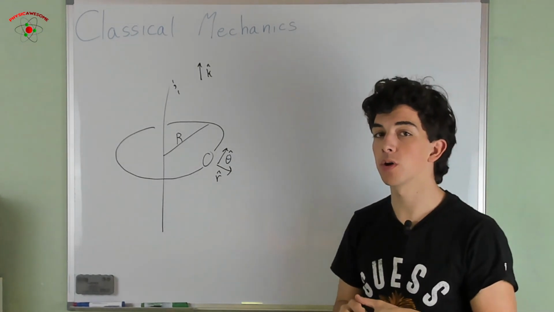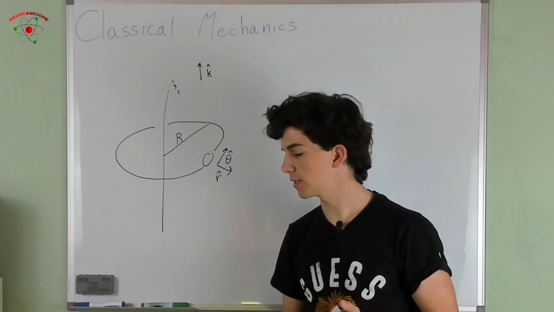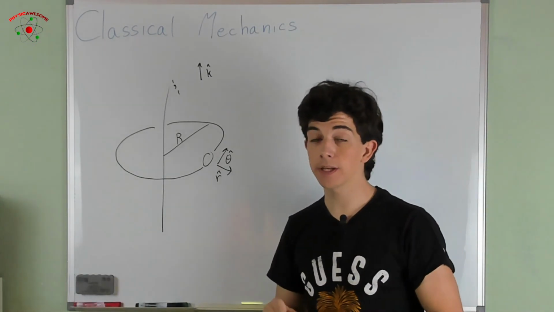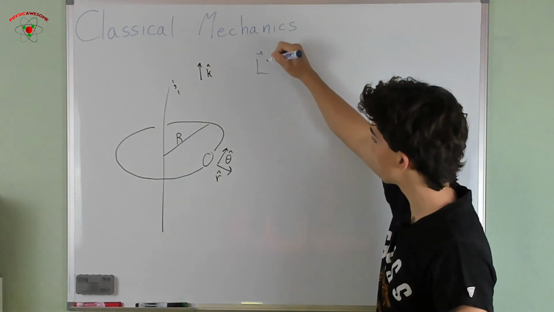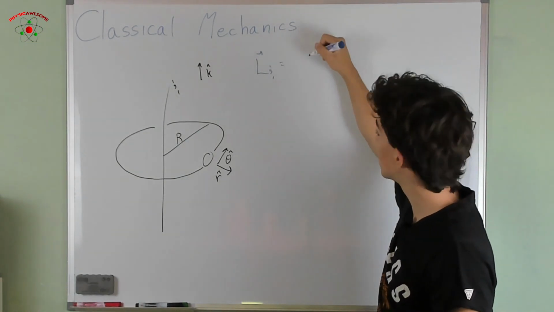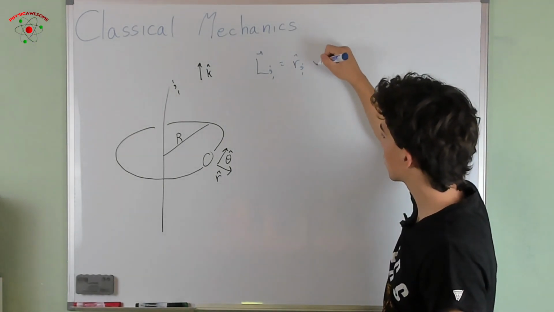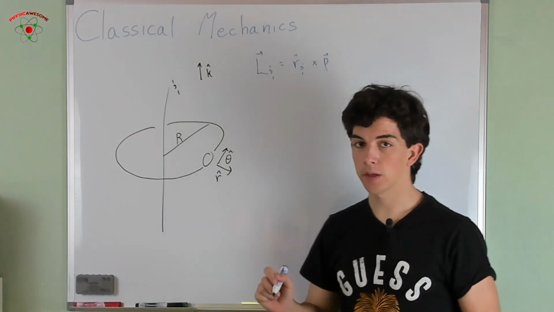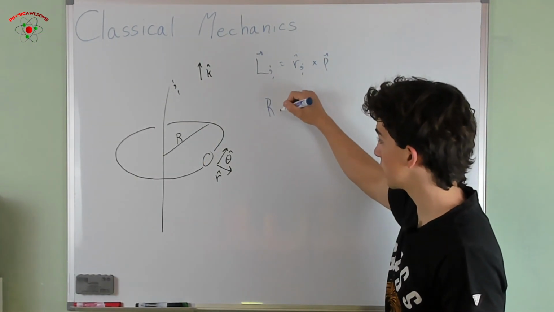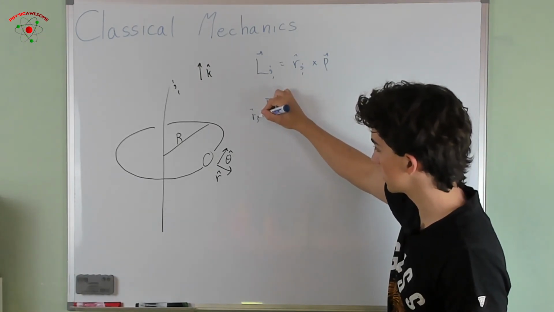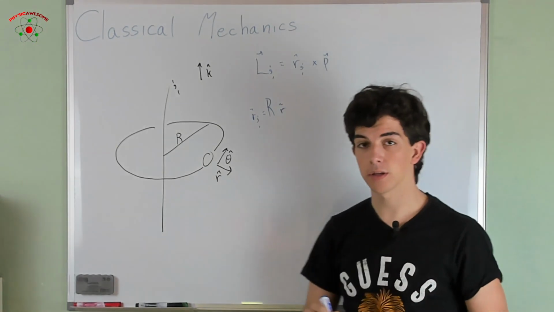In this setup, we're going to measure the angular momentum along this axis S. So, by definition, from the previous section, we know that the angular momentum L is equal to r_s cross p. Moreover, in this case, r_s equals r in the r hat direction.